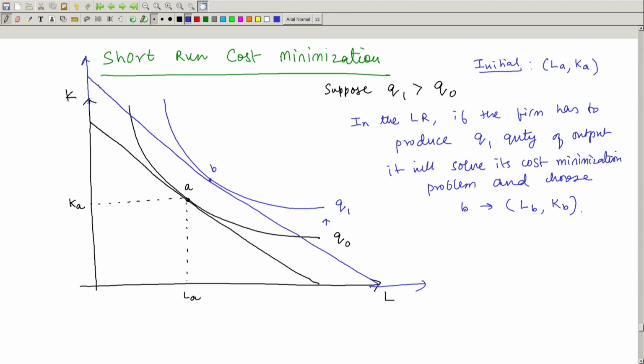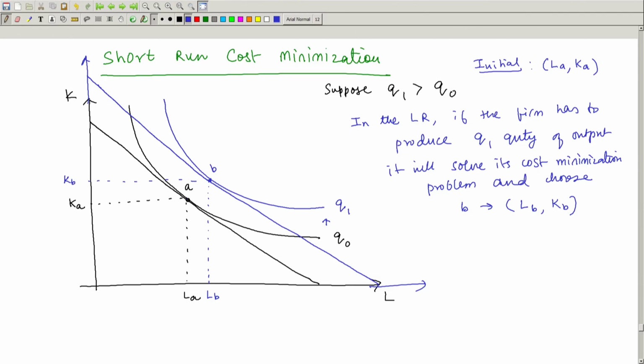Now, from this graph we can see that the amount of labor and the amount of capital that the firm is using both have increased. This is likely because I am producing more output, so I need more labor and more capital. So, I have LB amount of labor and KB amount of capital.